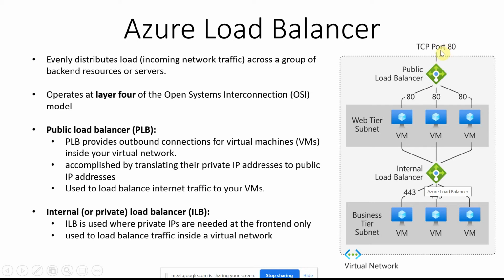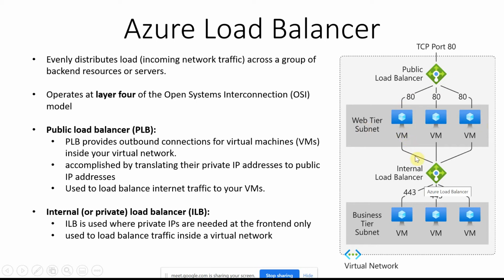The load balancer facing the front is called a public load balancer. Why is it called public? Because it requires a public IP. It will then route the traffic internally to the other VMs.